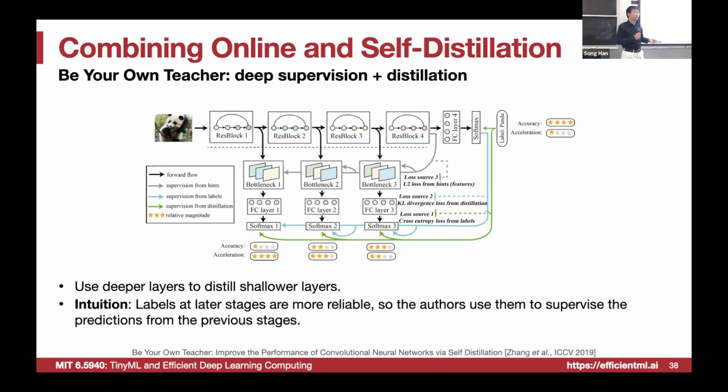Say you use an automated approach and find a good small network, but can you further improve the accuracy of that one using this kind of teacher-student supervision? So the student model can be either manually architected or automatically architected.